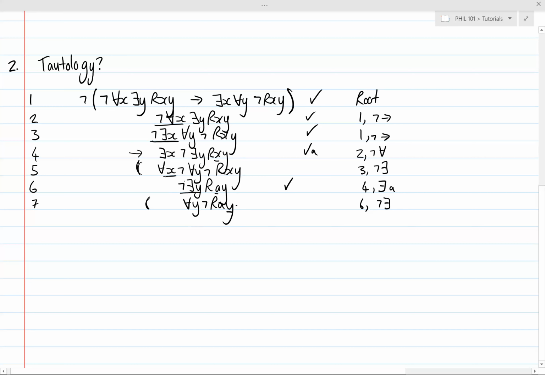Remember, what I'm looking for is a contradiction, and I can see that if I applied it in line 7, it would be applying to y, being the second variable, but if I applied it in line 5, it would apply to x, which is the first variable in the r relation.